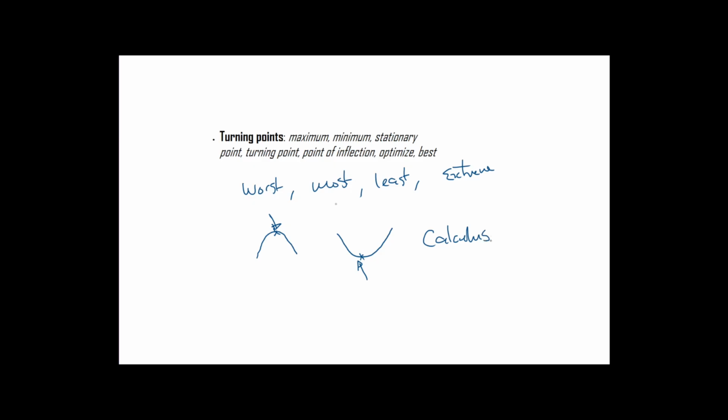And it is one of the most important things in calculus, especially in physics and in things like engineering and even chemistry. We really want to know the turning points there, and for economics and social studies as well.